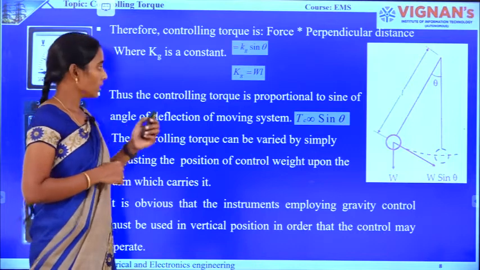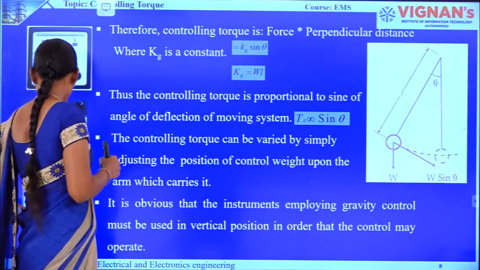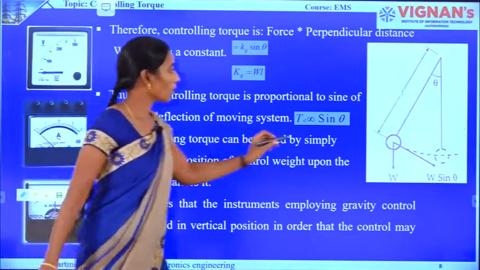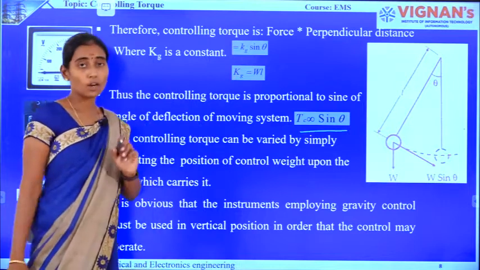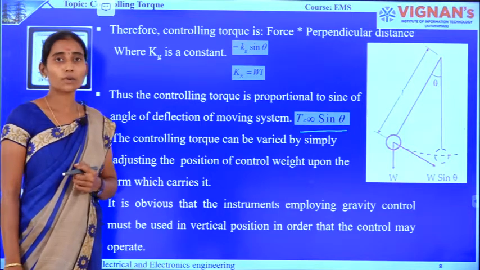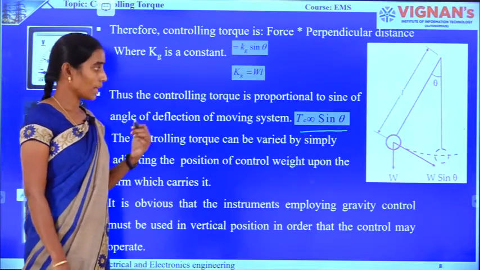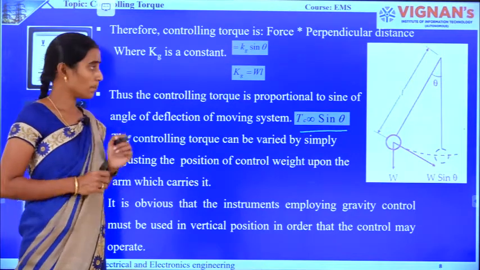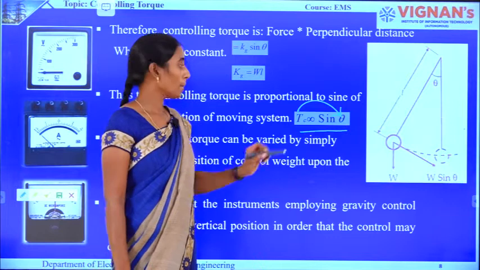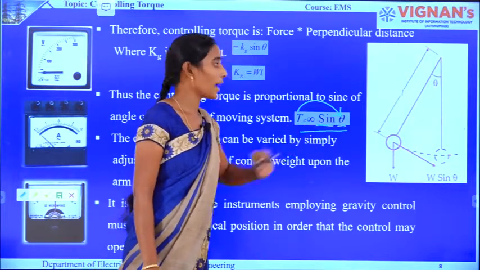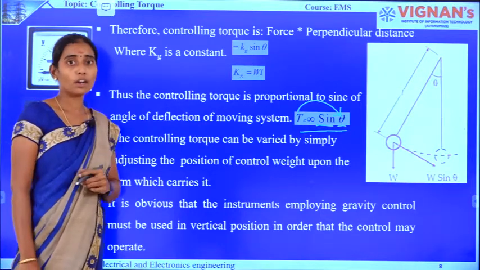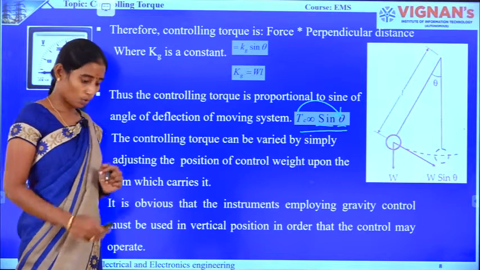Moreover, since the controlling torque is directly proportional to sine of the angle of deflection, the scale of these instruments employing gravity control is not uniform. The scale is cramped at the lower end because the controlling torque does not depend directly on the angle theta, but on the sine of the angle of deflection.